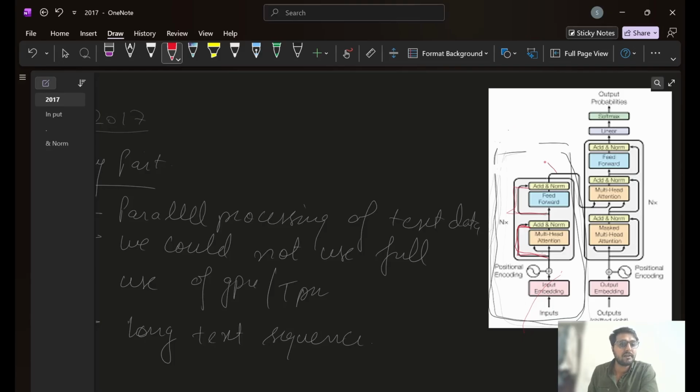Okay, so here we will get context aware embeddings that have information of other words also, that is, which word is important to the current word.